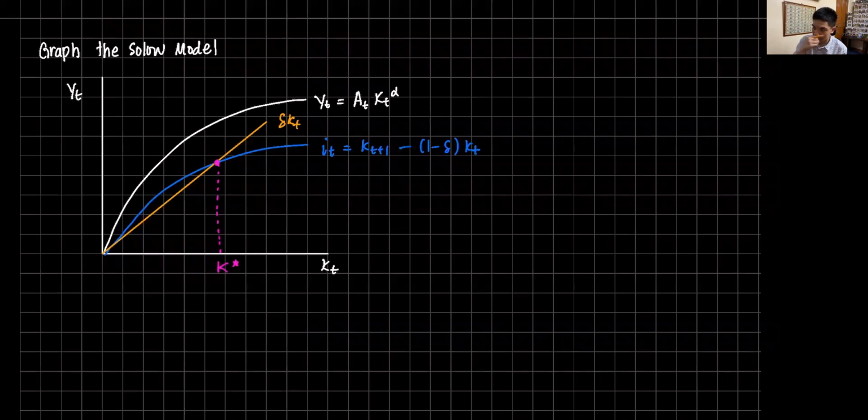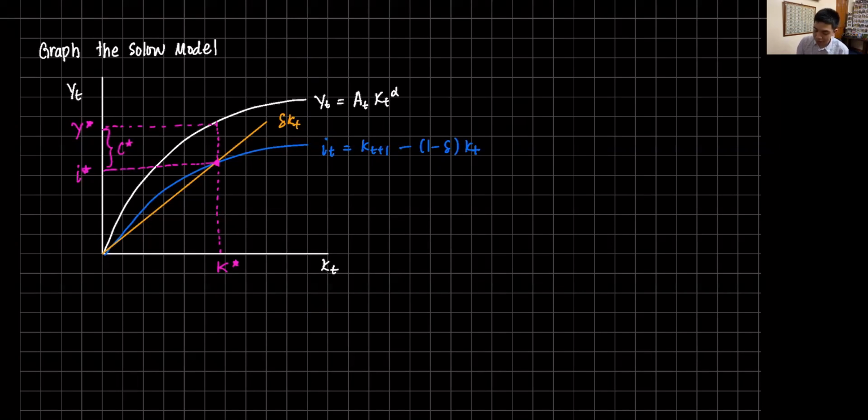And if we bring it up to the production function, this one will be our steady state output, Y star. And this one, intersecting with the investment curve, is I star, or steady state investment. As you can see, the difference between Y and I is just C. So this entire thing in the middle is just steady state consumption.